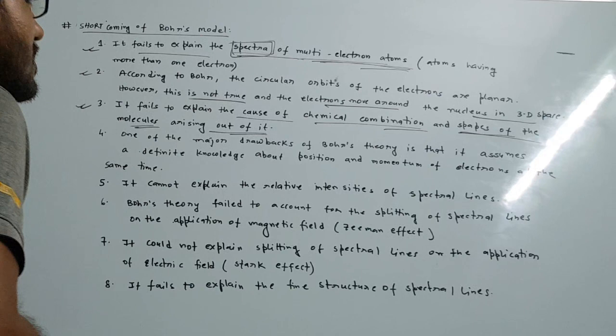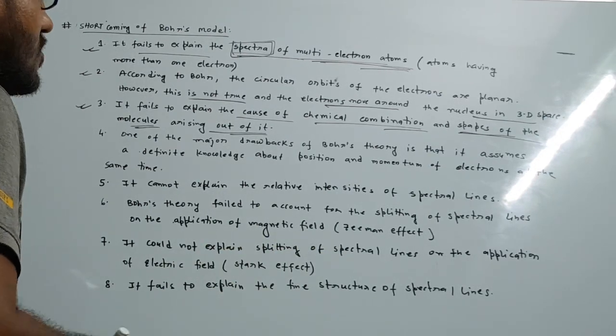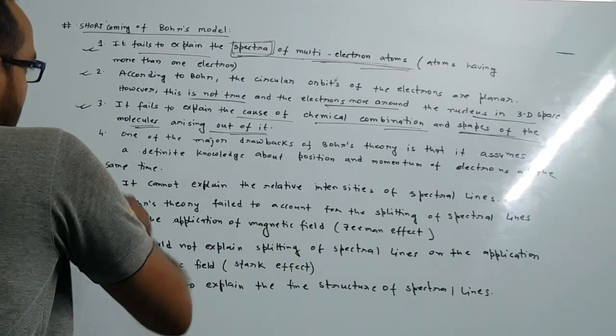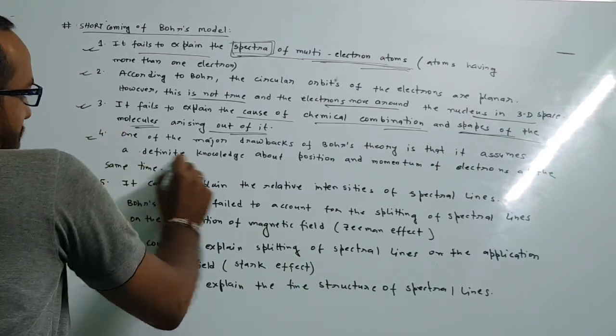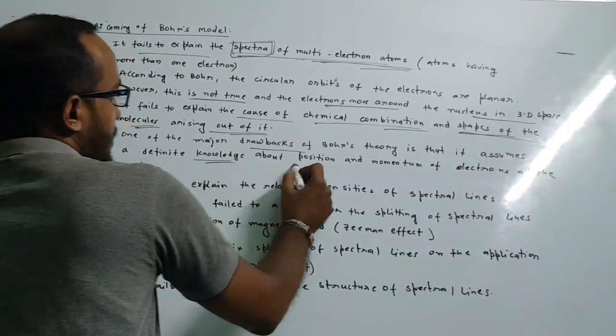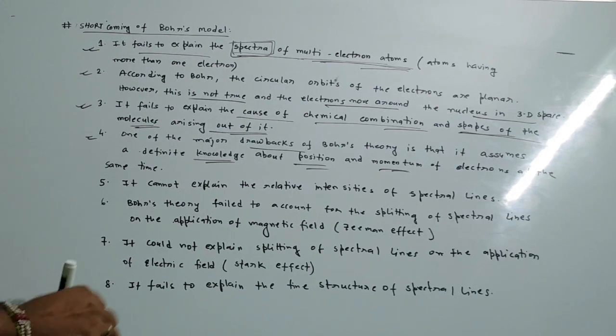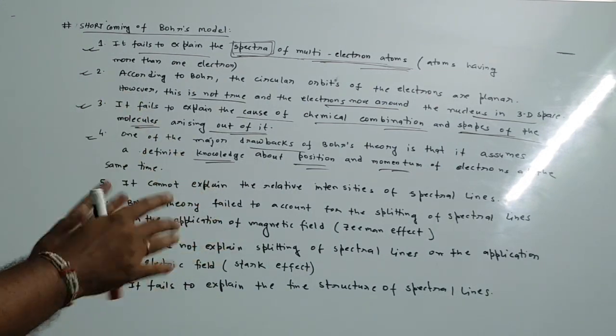So chemical combination, how it combines with other atoms or molecules, it doesn't explain that. Number 4 is one of the major drawbacks of Bohr: it assumes definite knowledge about position and momentum, that you can find out the position and momentum of the electron.